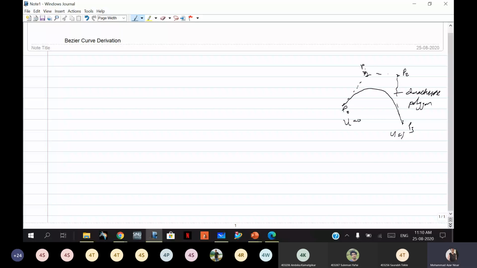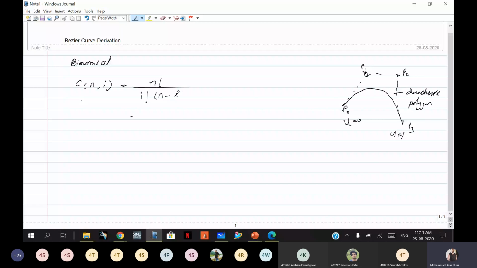If we define the binomial function, then C(n, i) equal to n factorial divided by i factorial times (n minus i) factorial.